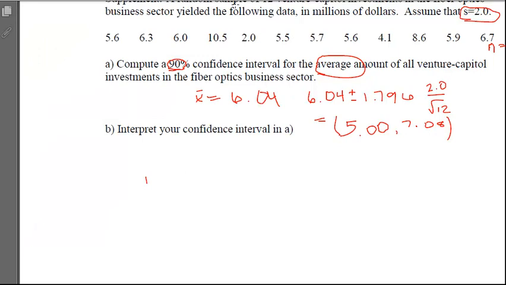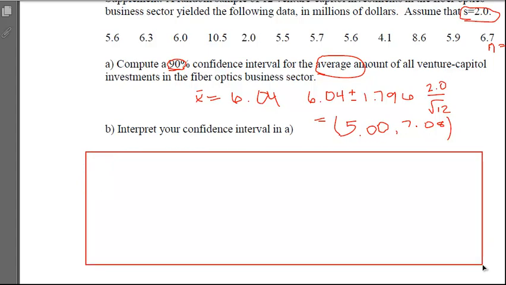And I want to interpret it. So this is a confidence interval for the mean. There's no correct interpretation of this confidence interval unless I use the word average or mean in my interpretation. And also I want to be careful to put units on there. The units are given as millions of dollars, so it's important to keep those units there.